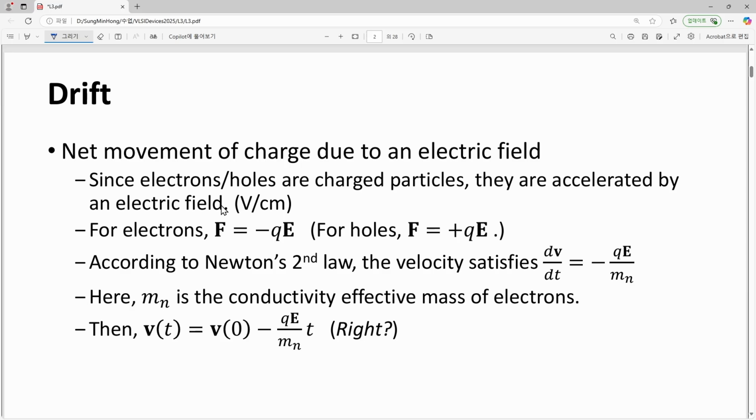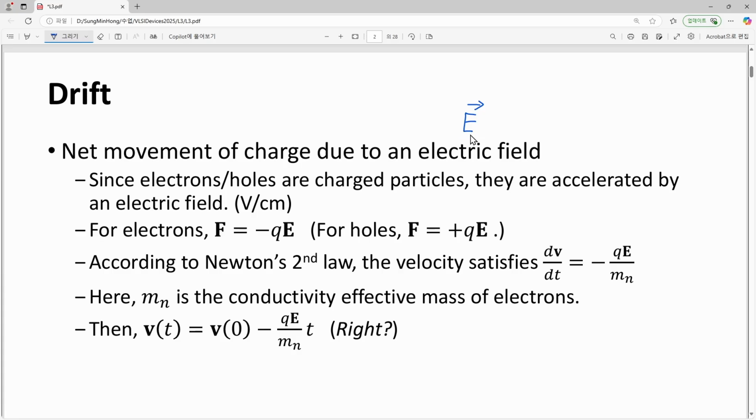Drift is related with net movement of charged particles due to an electric field. Usually we say this vector E is the symbol for the electric field.